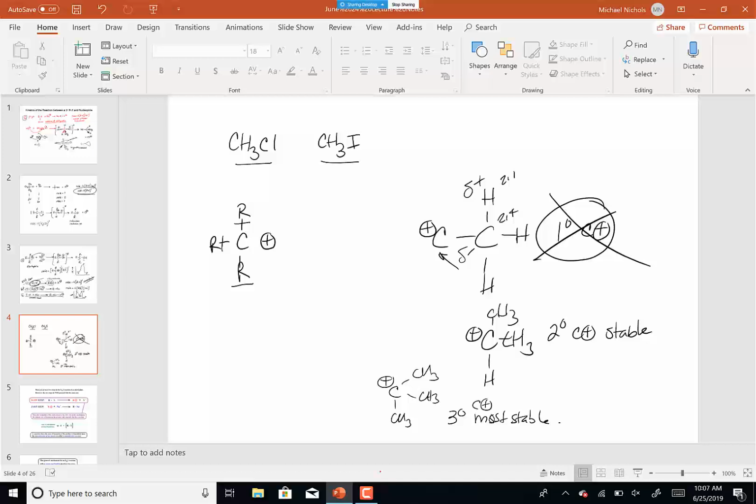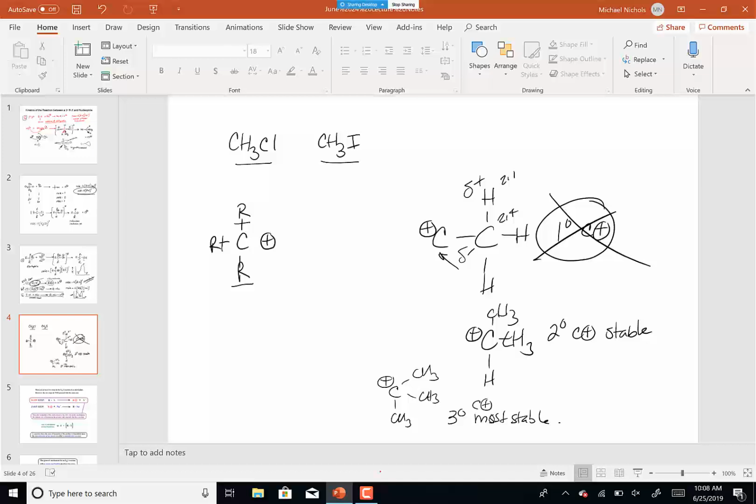Because is water a nucleophile? Yes, because the oxygen has lone pairs. But it's neutral, so it's weak. Can a weak nucleophile react? Only in SN1, only with a carbocation. So for the secondaries, if it's a strong nucleophile, it's going to do SN2. If it's a weak nucleophile, it's going to do SN1.